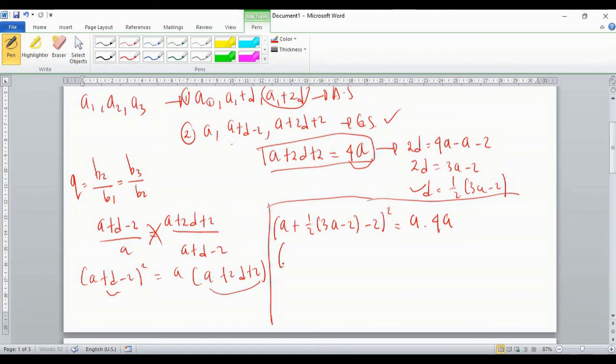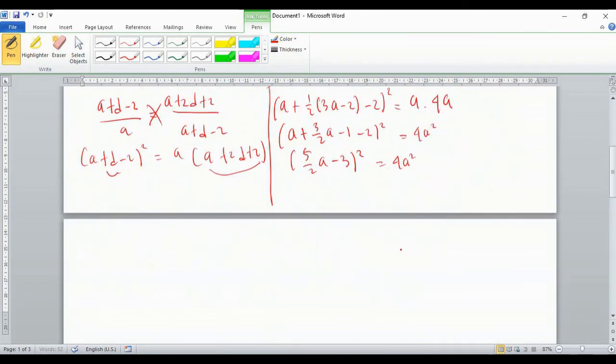And then we simplify this to be A plus 3 over 2A minus 1 minus 2, squared, equal to 4A square. And then A plus 3 over 2 is 5 over 2A minus 3, squared, equal to 4A square, everyone.